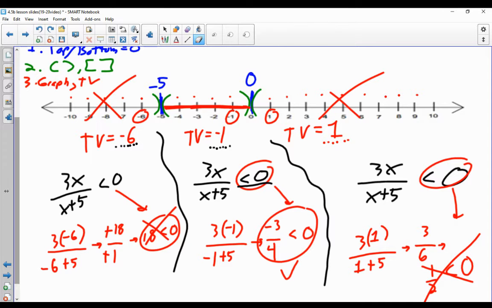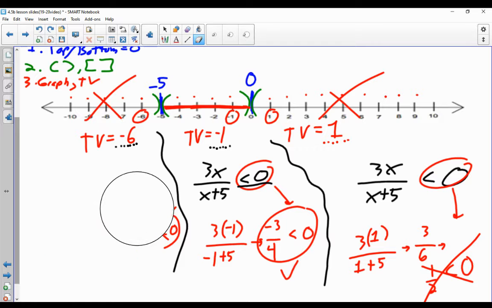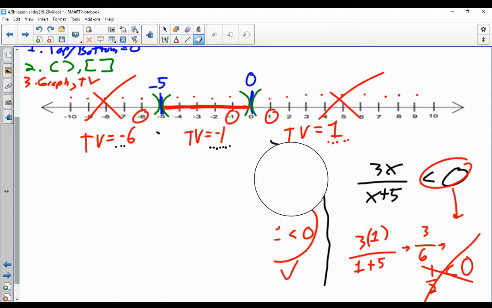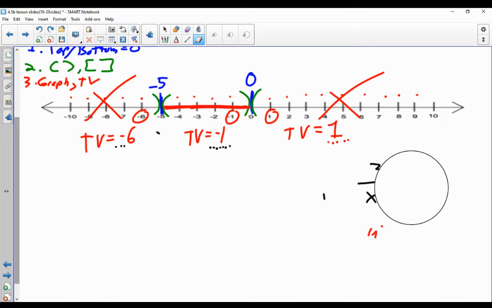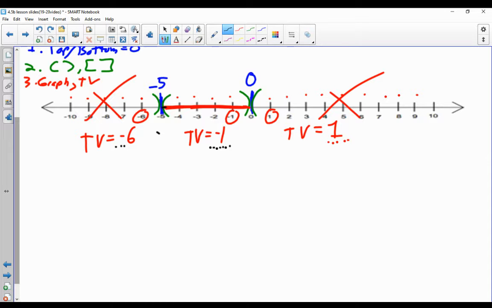All right, we've tested all 3. So I'm going to erase the work so you can see what the final answer is going to become. All right, so only one interval worked. So everything in between -5 and 0.